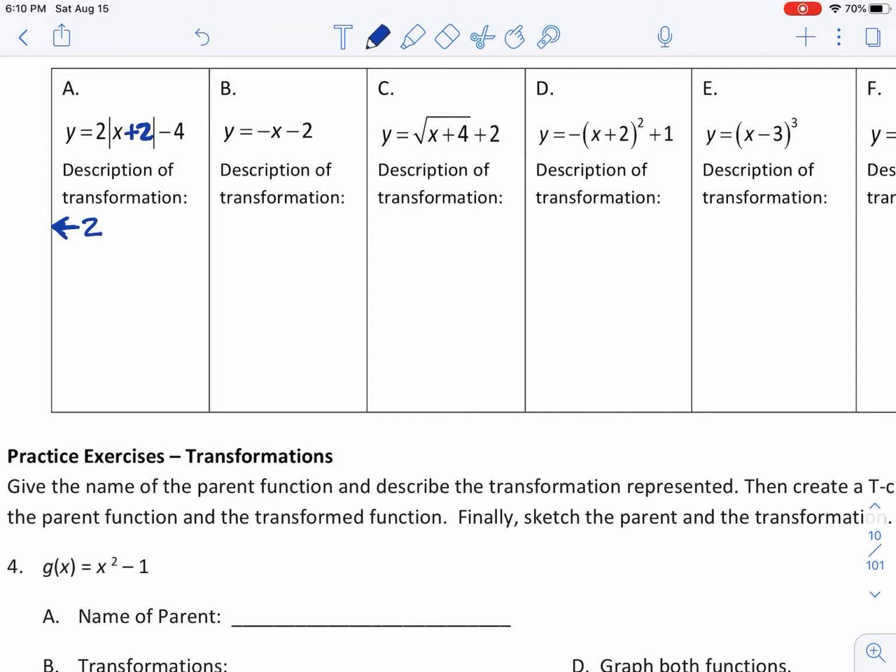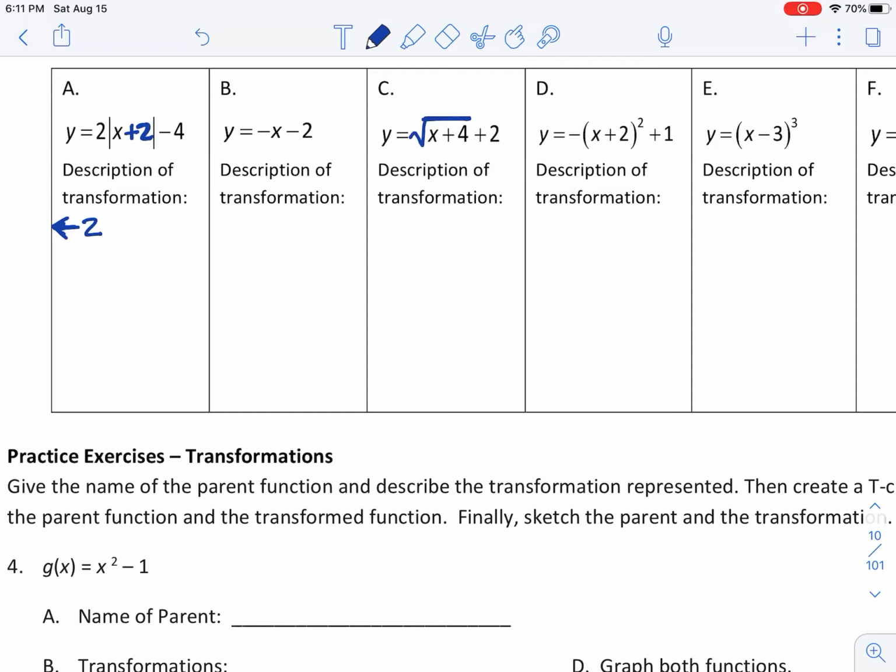So B, I don't see any parentheses. I don't see anything inside. There's no left or right movement there. I'm going to go to C. C, this square root acts as parentheses. It is inside the square root.